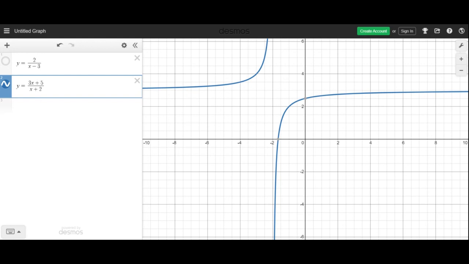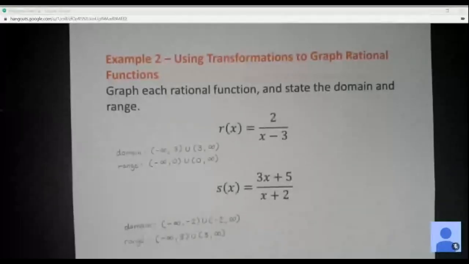All right. So I'll just show you down here, just in case you didn't get it before. Domain for each of these, okay, that's what those should look like.